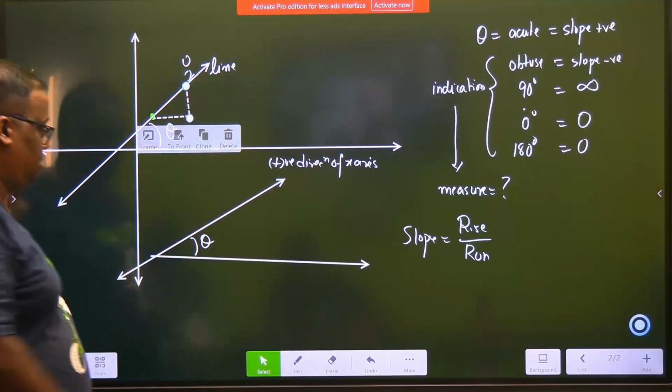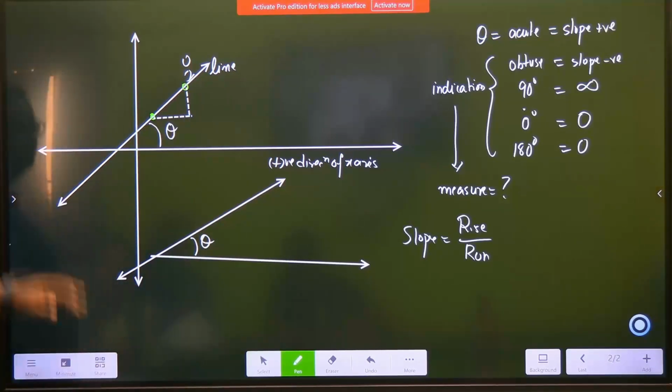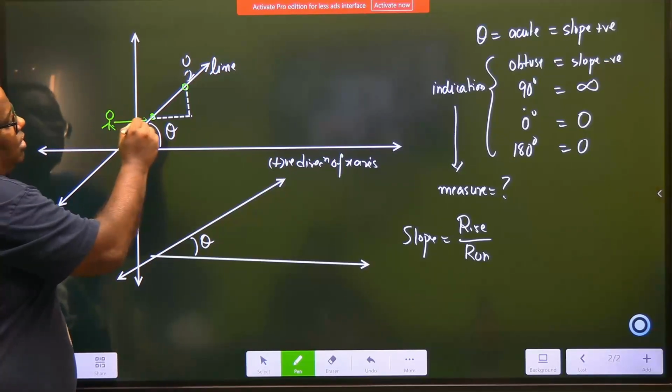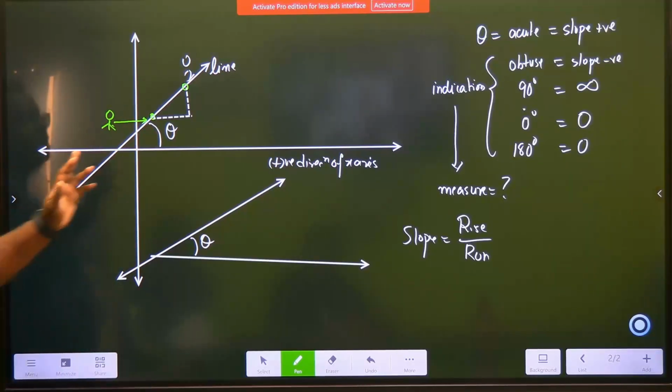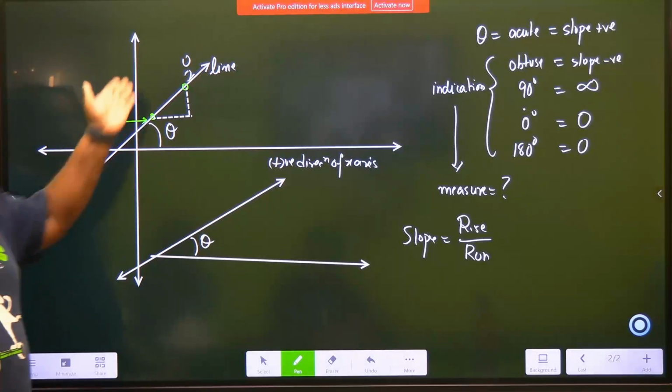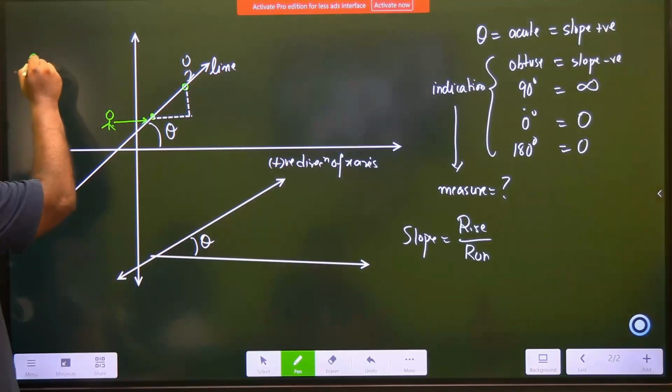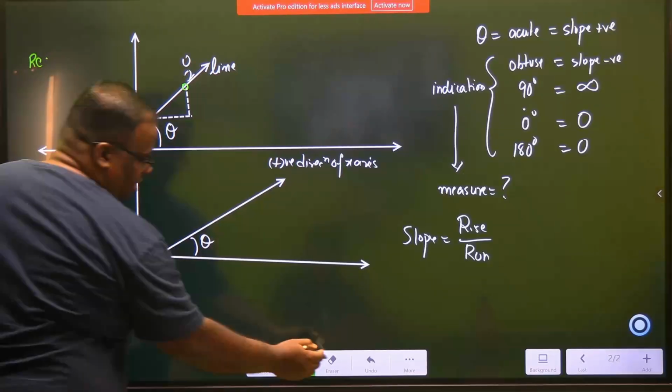Ask yourself, position yourself here. Rise means anything that you go up is known as rise. This is what happens here.